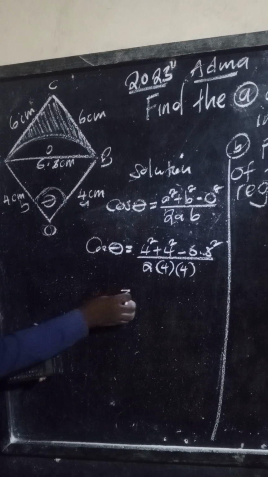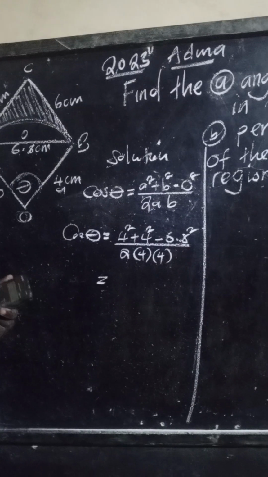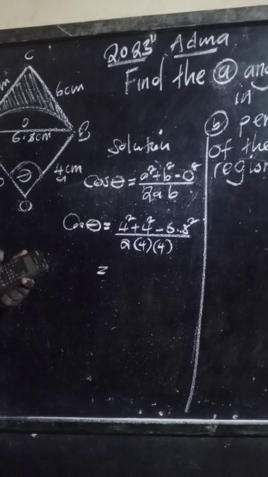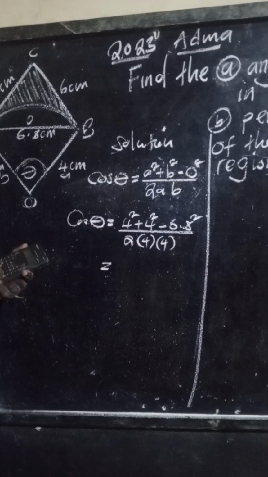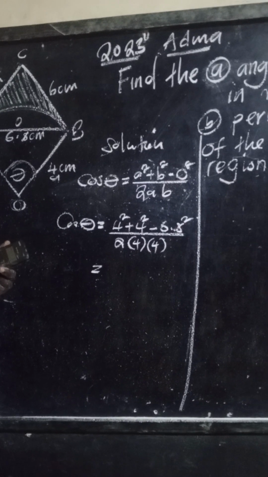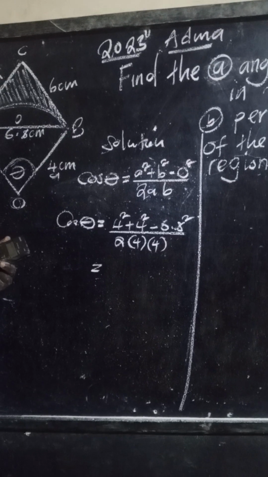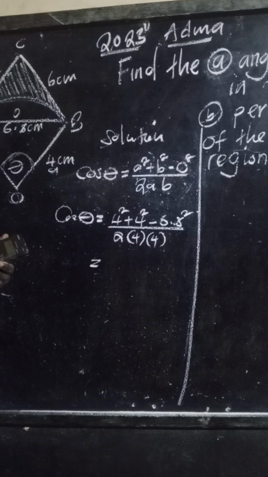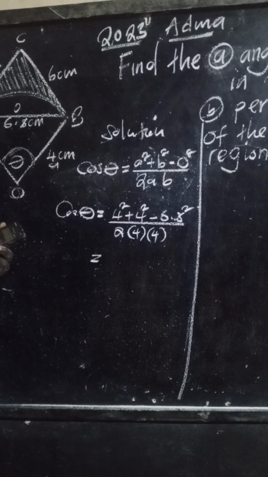The next thing is to calculate. Remember, we have to find theta. So when I punch on the calculator, remember your calculator should be in radian. Don't forget that. So I'll write 4 squared plus 4 squared, then minus 6.8 squared.